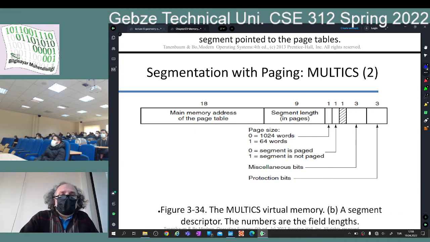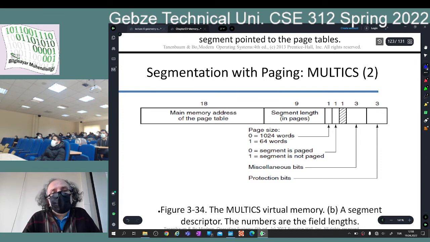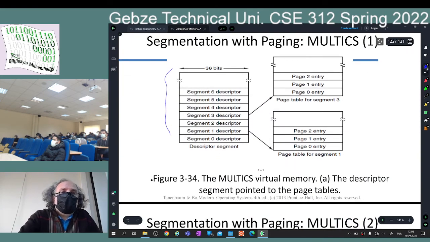And if you don't like it, you may use a pure contiguous memory for your segment if you don't like it to be paged. Okay, and then we have some miscellaneous bits here and some protection bits: read, write, execute. So each program will have this descriptor segment.